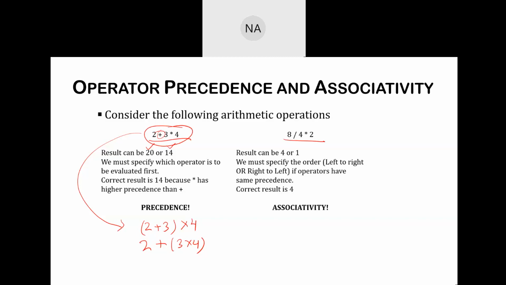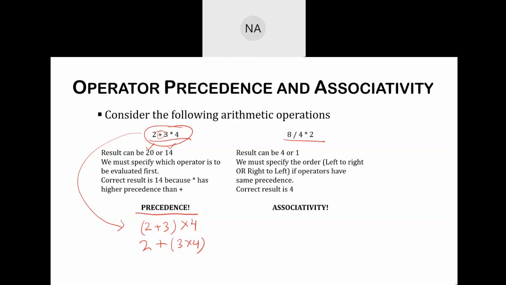So we need some precedence rules, that is, we must be able to identify which operator is to be evaluated first and which will be evaluated next. If an expression has multiple operators, we must be able to identify exactly the order in which those operators will be evaluated.